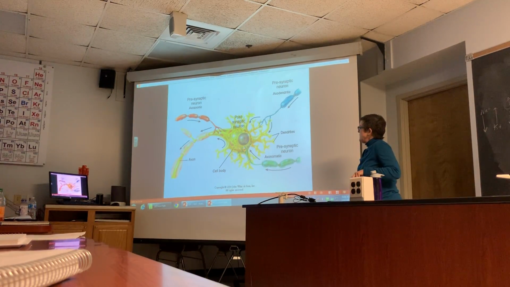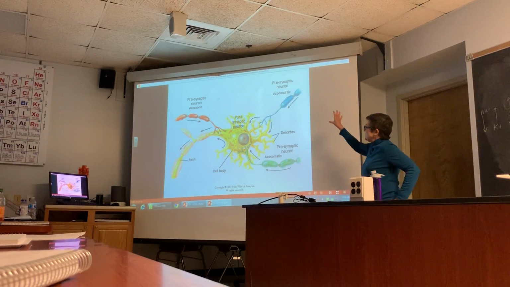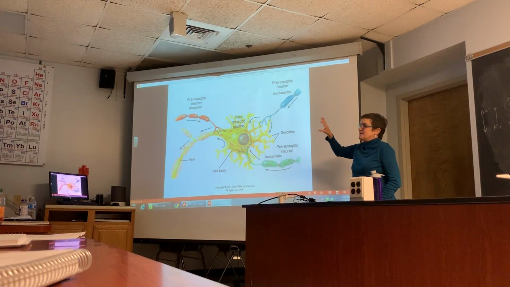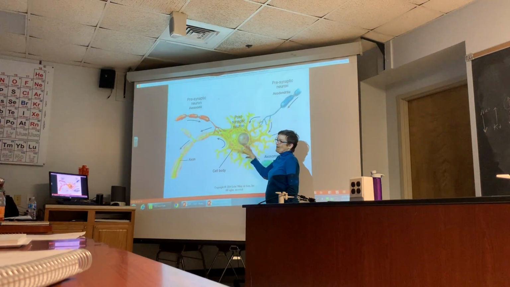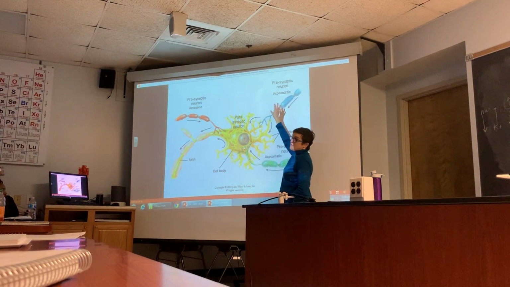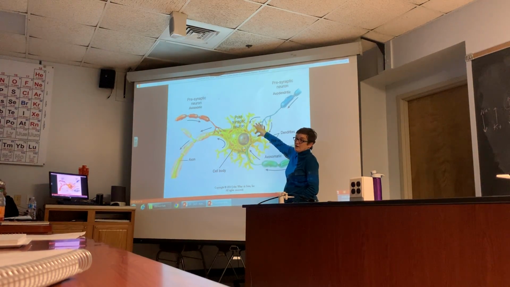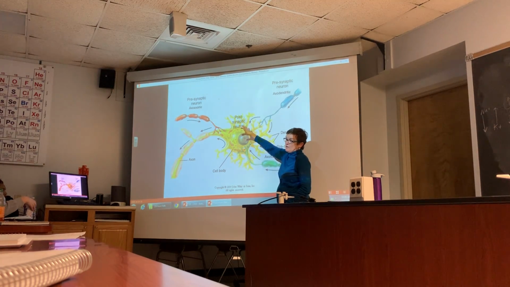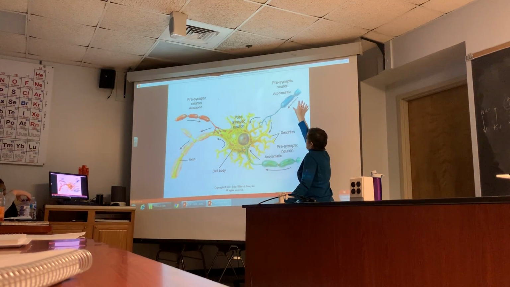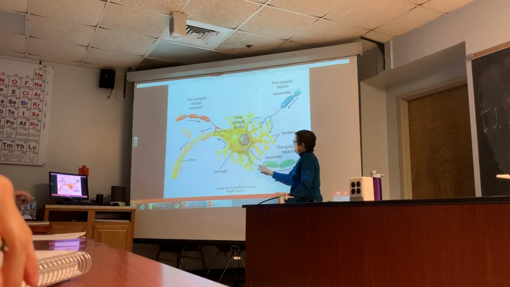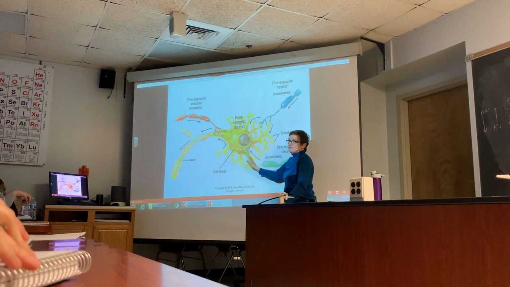But I just want to remind you that these synapses occur usually, when you talk about synapses, between a sensory neuron and an interneuron, or between an interneuron and a motor neuron, or between interneurons in the brain, things like that. You have a presynaptic neuron that's sending the action potential, sending the impulses.